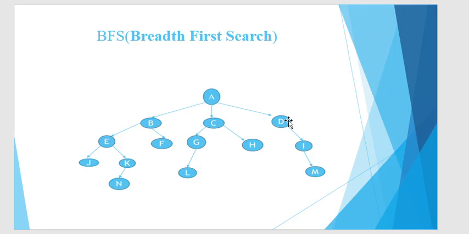That means B, C, and D. So we added them in the queue. Now what we did is remove B, because first we added A, then removed A, then we added B, C, D. So first we remove B from here.